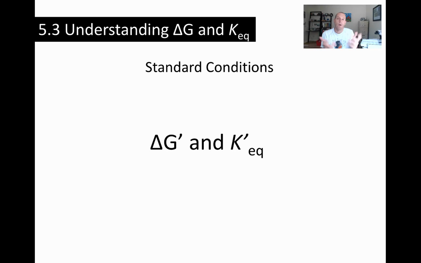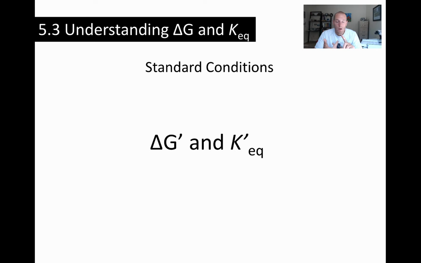Now, I've already said we've got to consider prevailing conditions, so we already have to take that into account, which is what we just did when we looked at calculating delta G. Now, biochemists, chemists, they do their own thing, that's fine, but biochemists are faced with the reality that cells don't operate under standard conditions. To start with, cells don't work at 25 Celsius, they work at 37 Celsius, in humans anyway. And 1 atmosphere, that's fine, but then we've got things like the concentrations of substrates and products, and then we've got the pH, for example.